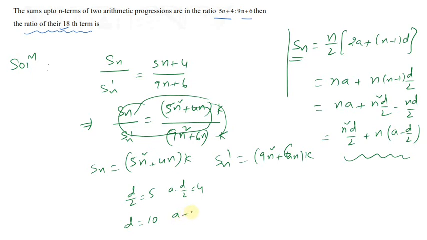A minus d by 2, this is 10 by 2, you can write this as 5, so a minus 5 is equal to 4. A is equal to 9.